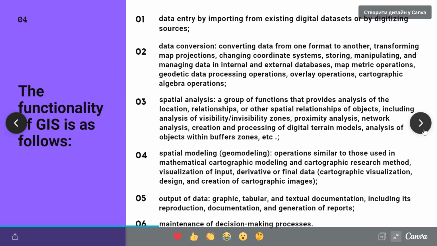Spatial modeling, geomodeling, operations similar to those used in mathematical cartographic modeling and cartographic research methods, visualization of input, derivative or final data, output of data, graphic, tabular, and textual documentation, including its reproduction, documentation, and generation of reports. Maintenance of the decision-making process.